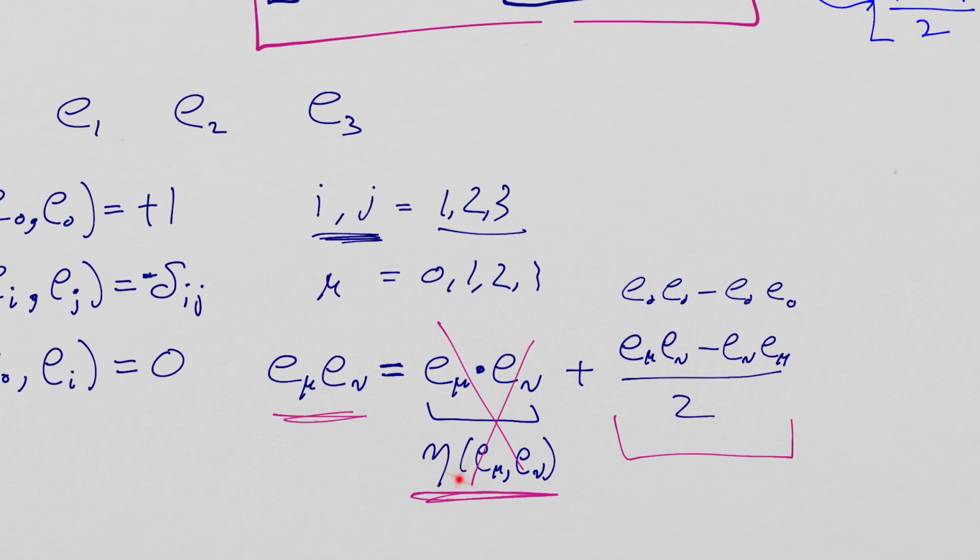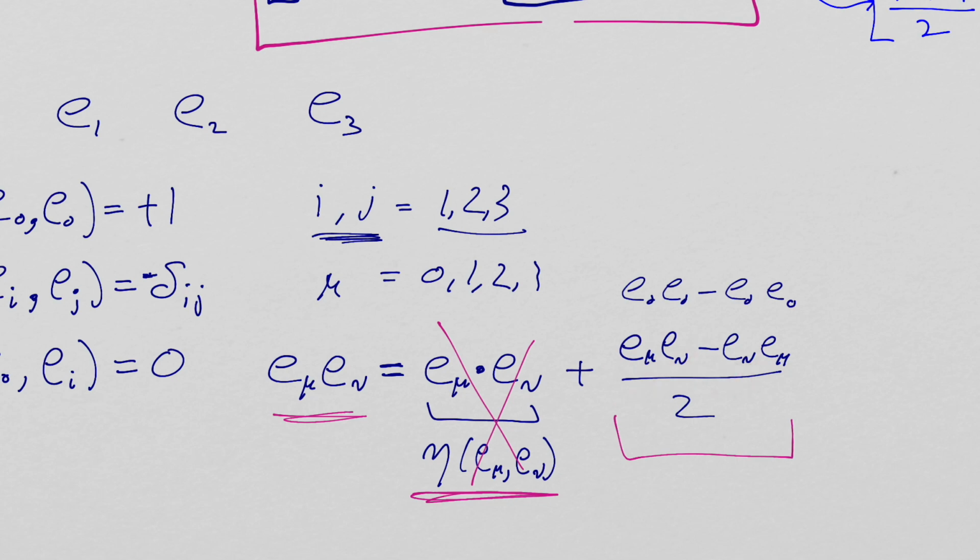So if they're different, this part goes away. Everything that's left is the anti-symmetric product. So I know that the space-time product between two of our basis vectors, when they are not the same basis vector, is in fact just the anti-symmetric part of that space-time product.